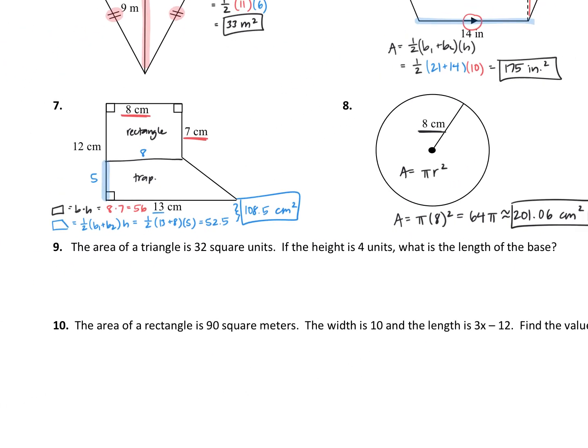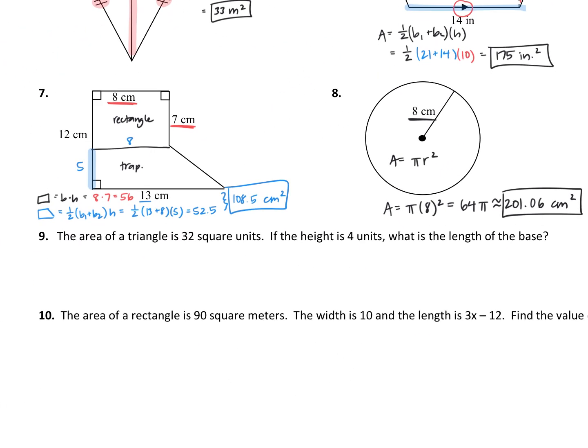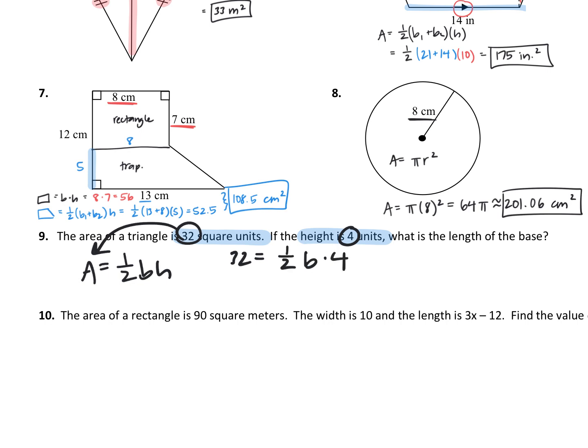Looking at number 9, it says the area of a triangle is 32 square units. If the height is 4, what is the length of the base? So what we know for my area of a triangle is area equals 1/2 base times height. The height is 4, so we're going to plug that piece in. We know the area is 32, so we're going to plug that piece in. So I have 32 equals 1/2 base times 4.